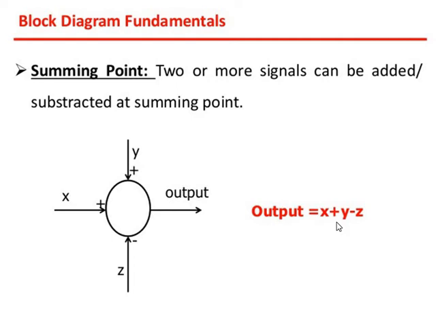If the input given to the summing point has a plus sign, it will be added. If it has a minus sign, it will be subtracted. Here x and y have plus signs and z has a minus sign. So the output is equal to x plus y minus z.